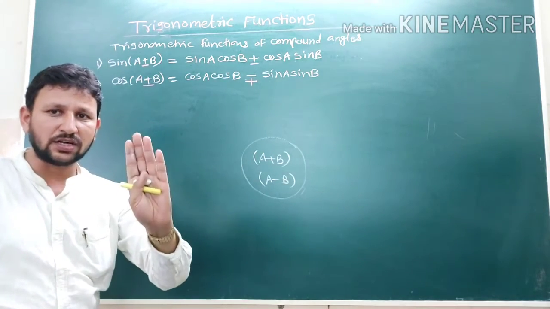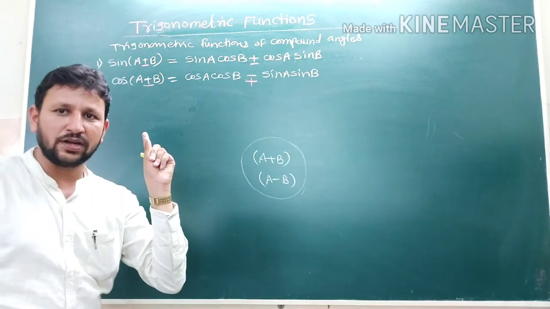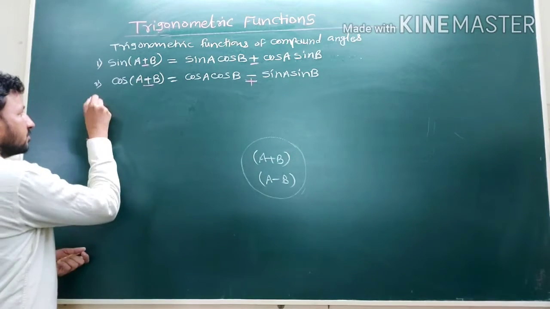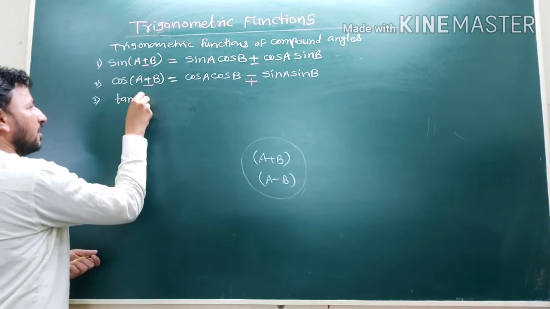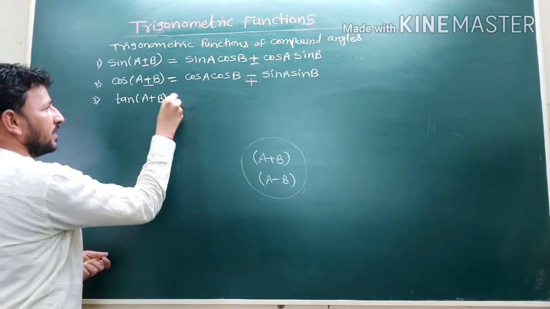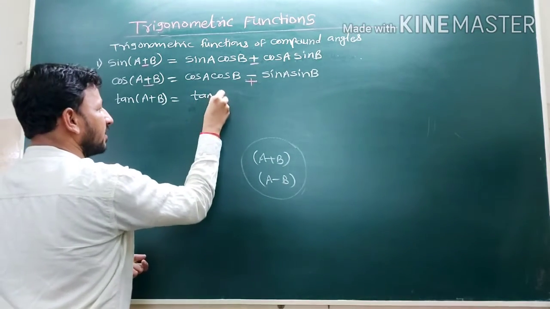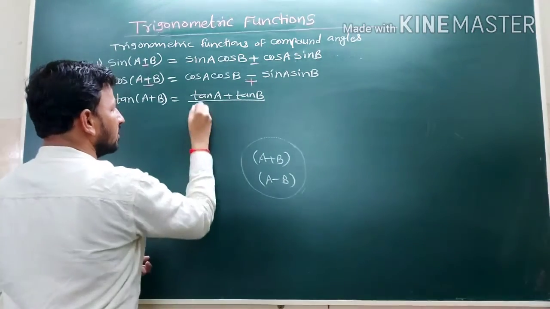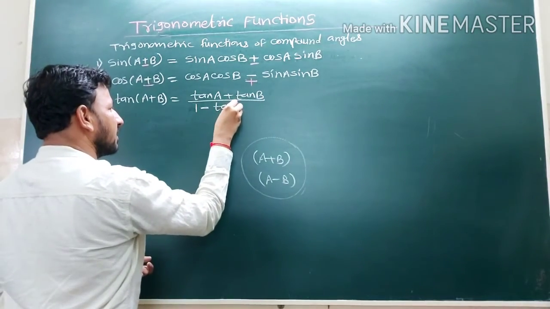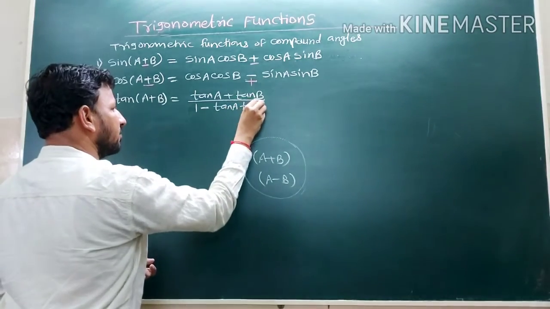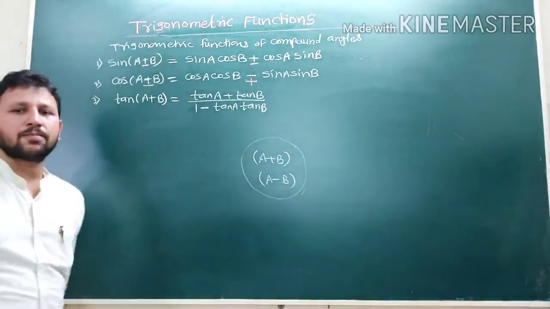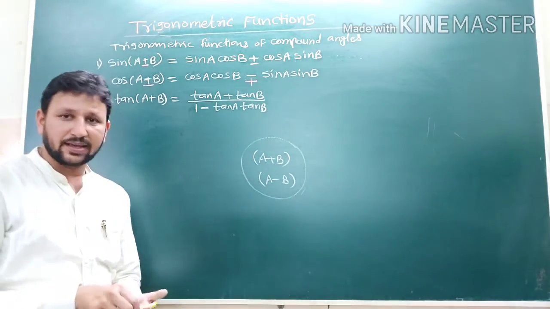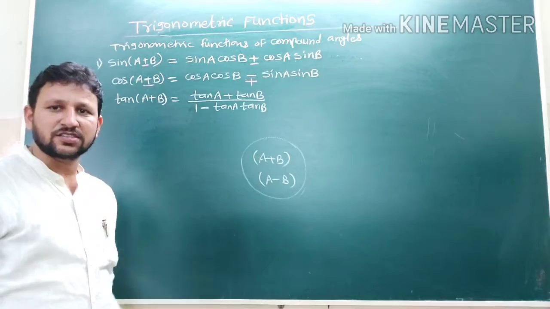This formula is from your 11th standard. This is only for revision. Third formula, tan of angle A plus B is expressed as tan A plus tan B divided by 1 minus tan A into tan B. And for the remaining one, angle A minus B, you only have to change the signs.